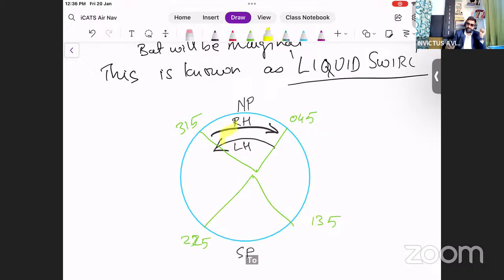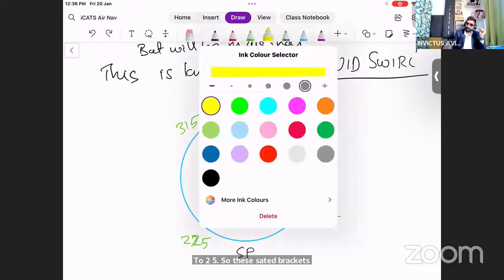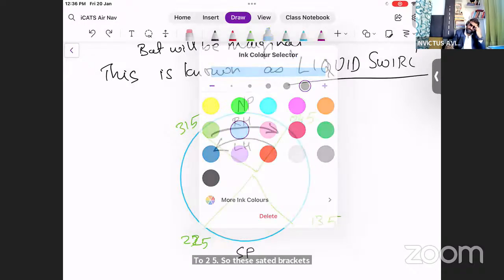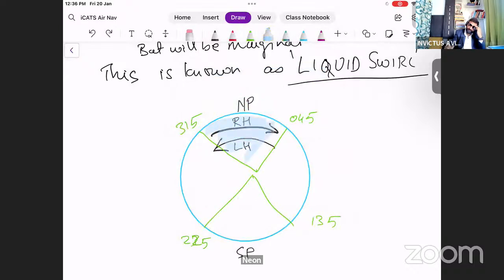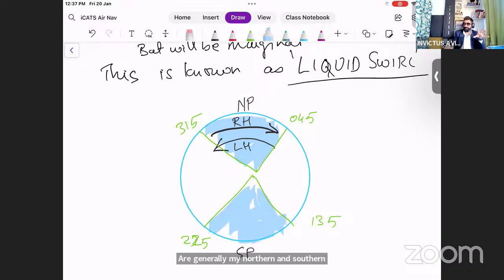So these shaded brackets are generally my northern and southern angles or headings.